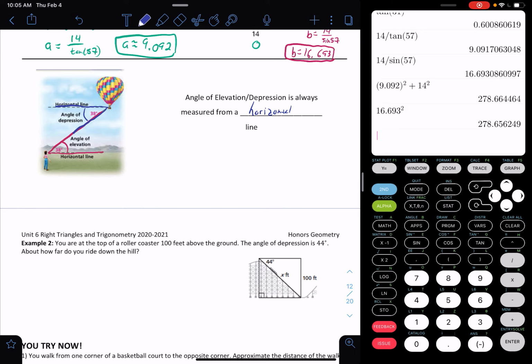Students a lot of times will misplace where an angle of elevation or an angle of depression is, depending on what you need to do. Okay? So make sure you think about you look out and then up or out and then down. And notice the angle of depression and angle of elevation are the same in this diagram, 38 and 38. Why is that the case?